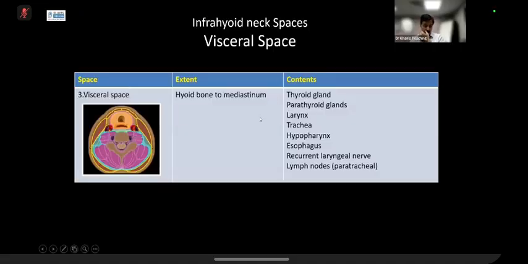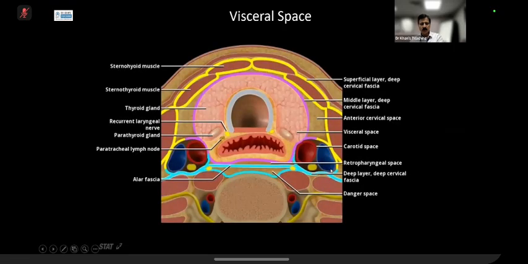So if you see here, the visceral space rises from the hyoid bone to the mediastinum. And it has got the thyroid gland, parathyroid gland, larynx, trachea, hypopharynx, esophagus, recurrent laryngeal nerve, and lymph nodes.